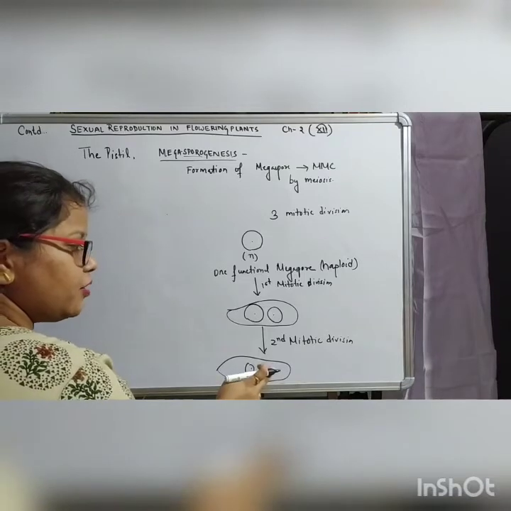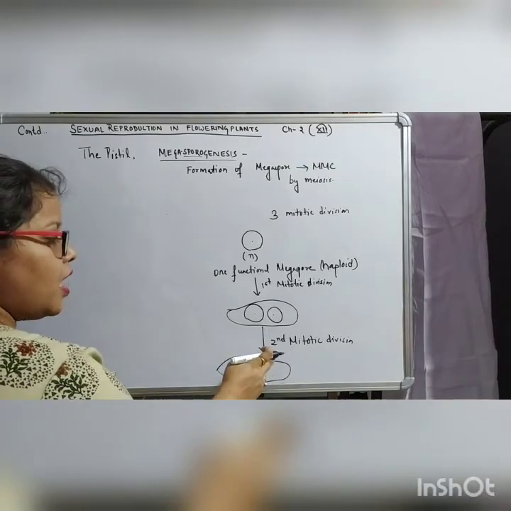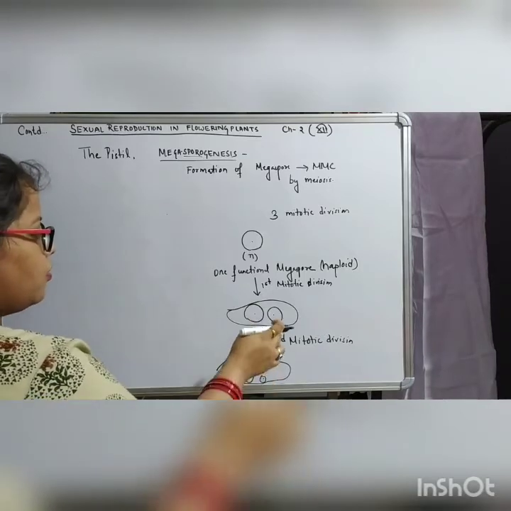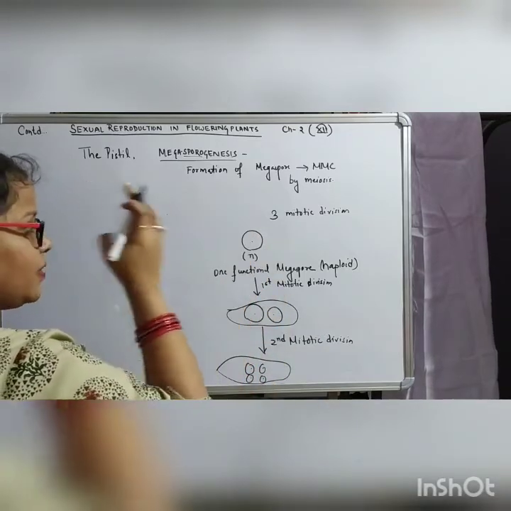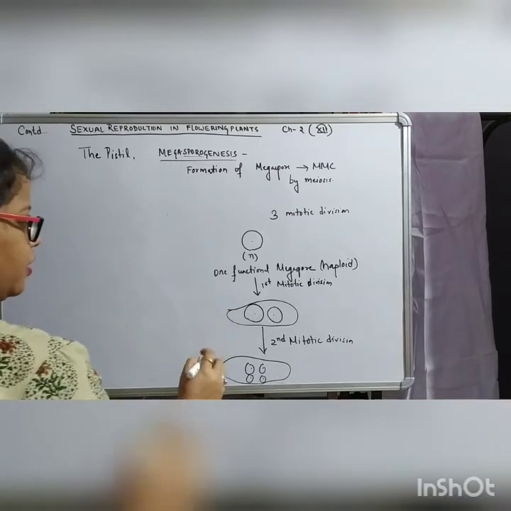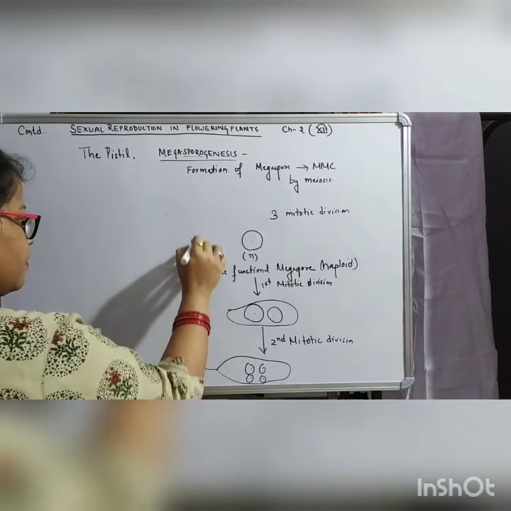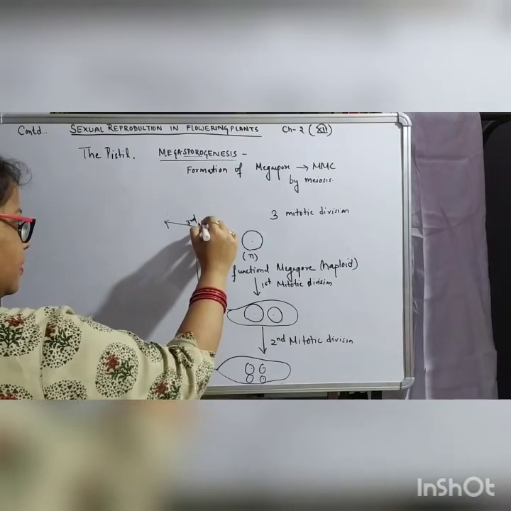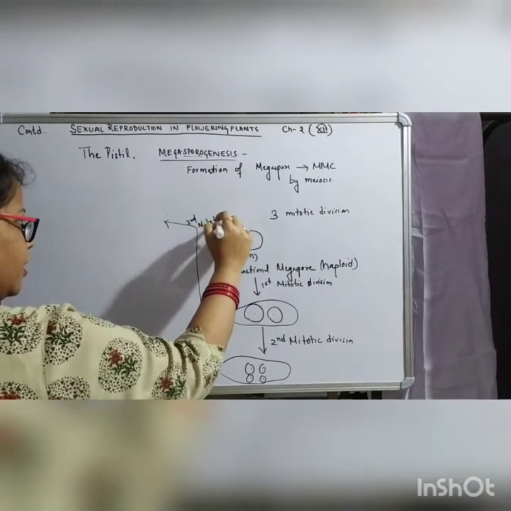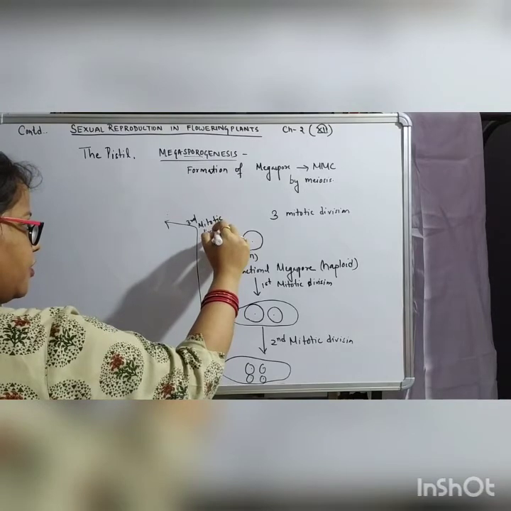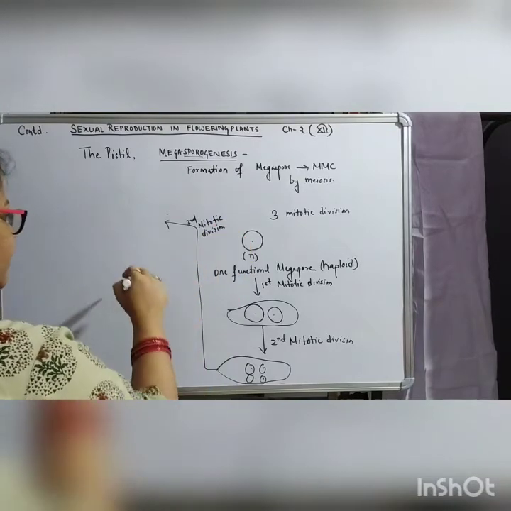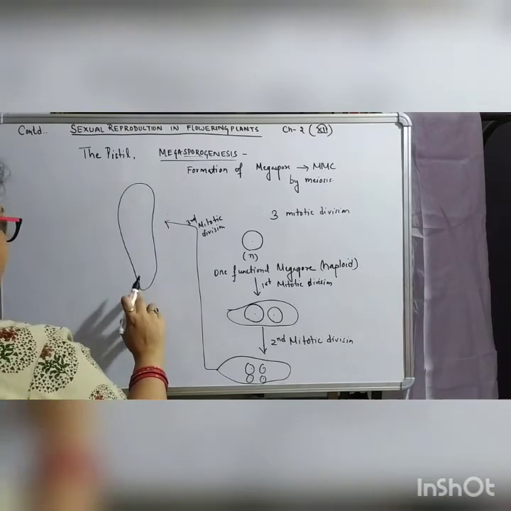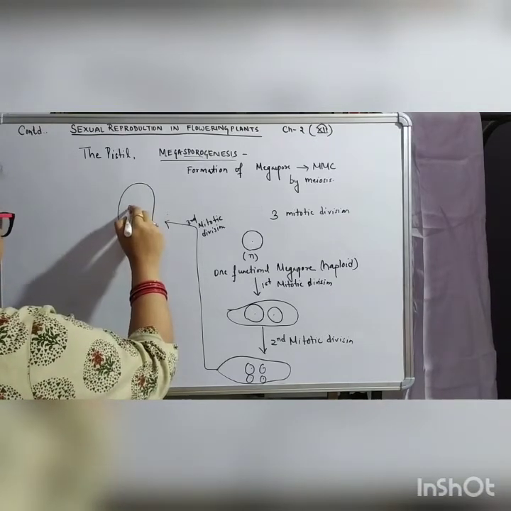So the second mitotic division is over now. After the second mitotic division, we are getting 4 cells. Now we are heading towards the last mitotic division. This is the third mitotic division, and we are ending up with how many cells?